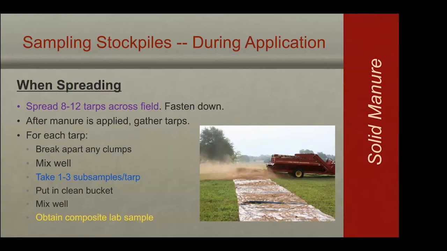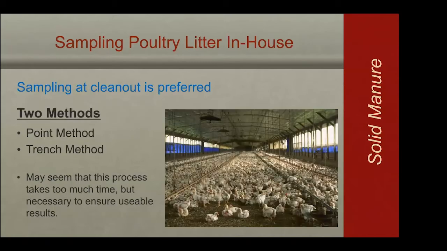You're going to have them spread out in different locations. The spreader goes across it, you gather the tarps, put all the manure into the middle, break apart any clumps, mix it really well, and then take 1 to 3 subsamples per tarp, put those in a clean bucket, mix it well again, and take your composite lab sample.